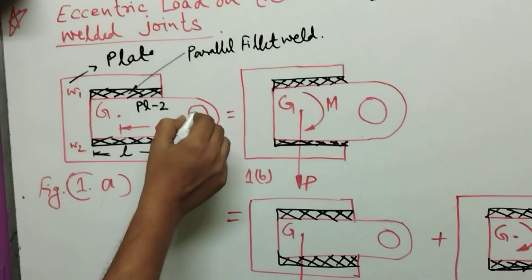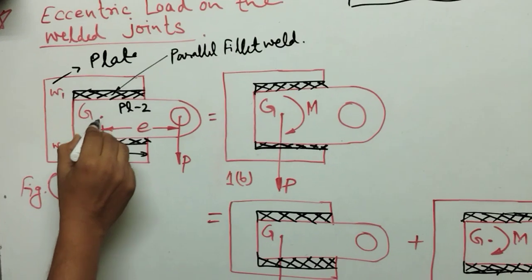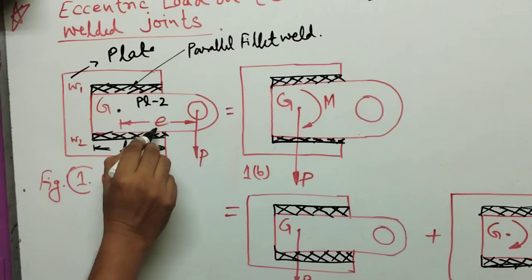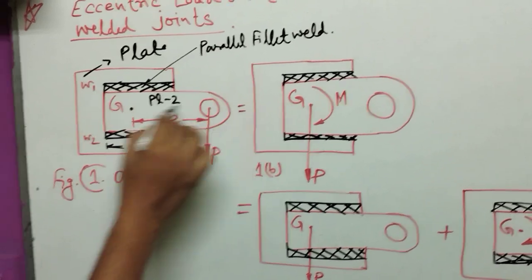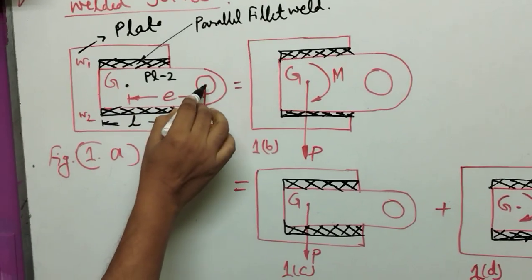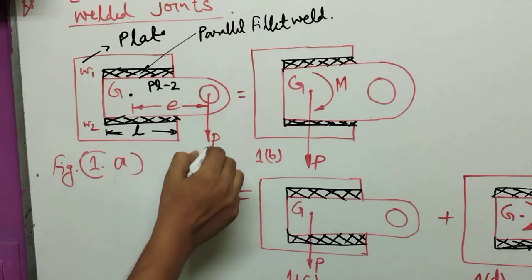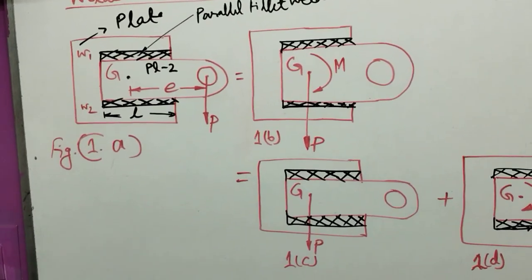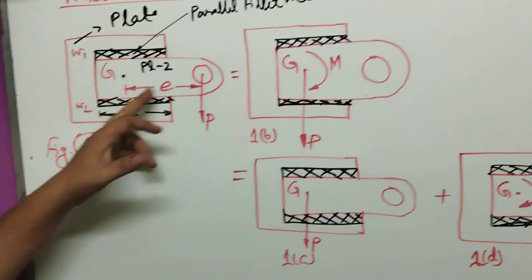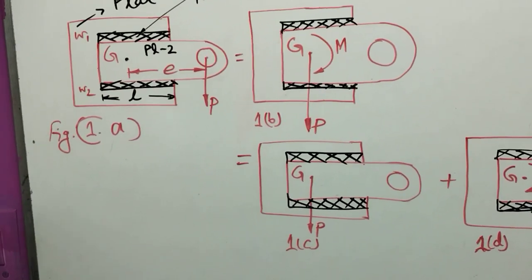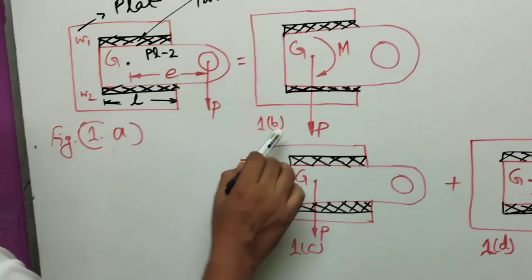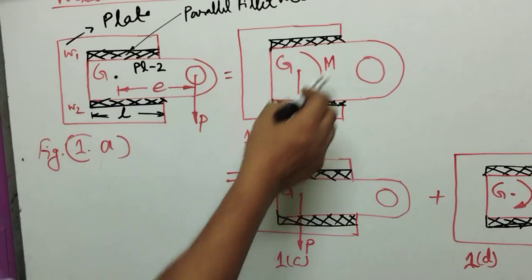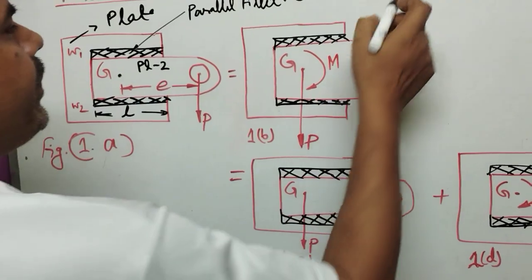Here the force P is applied at an eccentric distance, denoted by E, from the center of gravity G. The load P Newton is applied at distance E. Now the second figure, figure 1B, shows that M is the couple.